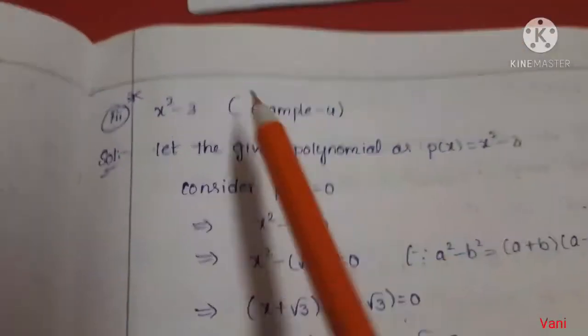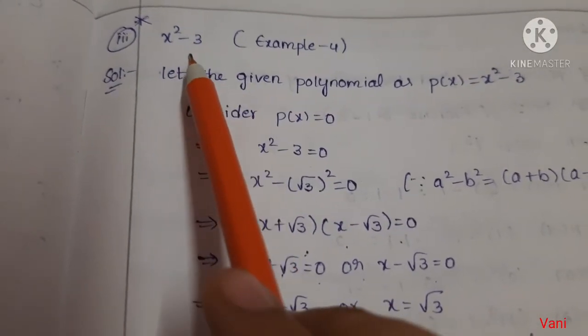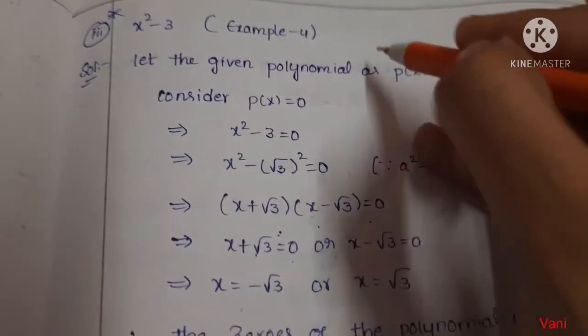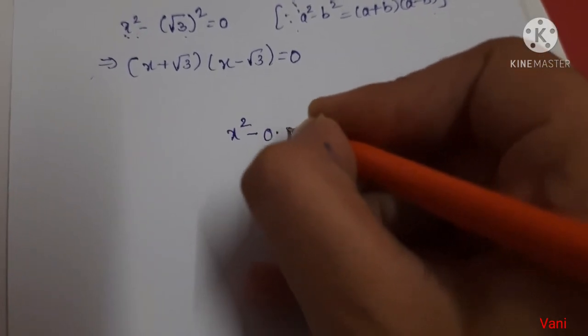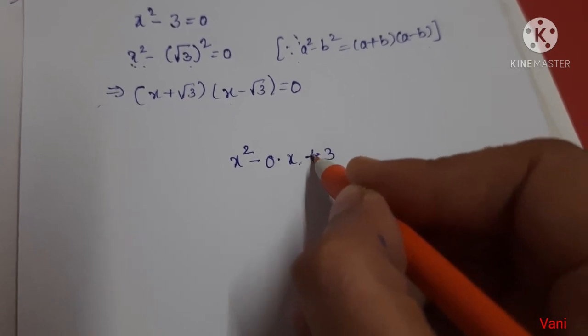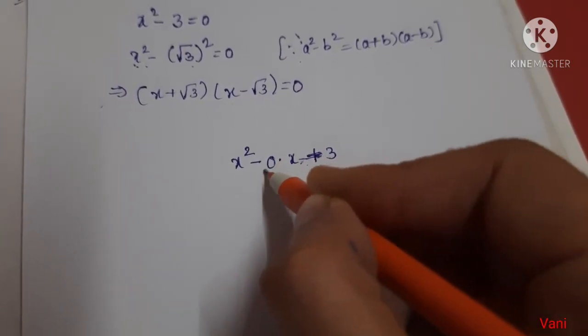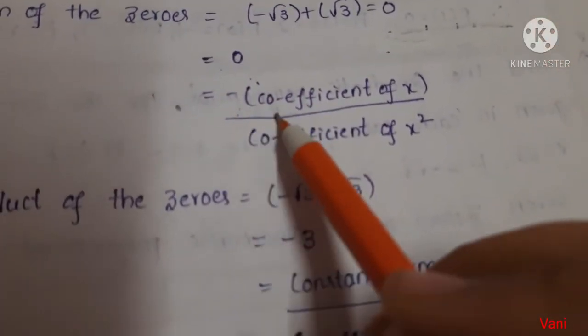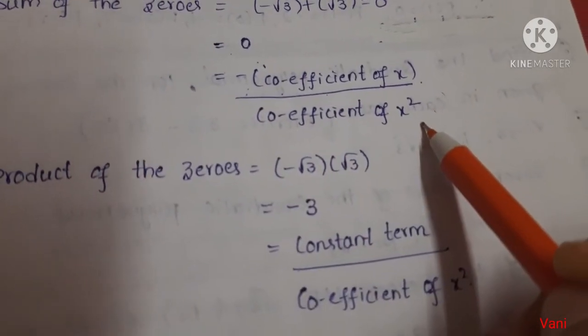If you observe, the x coefficient is not there, so we can write x square minus 3 as x square minus 0 into x minus 3. The x coefficient is 0. So this 0 can be written as minus of the coefficient of x by the coefficient of x square.